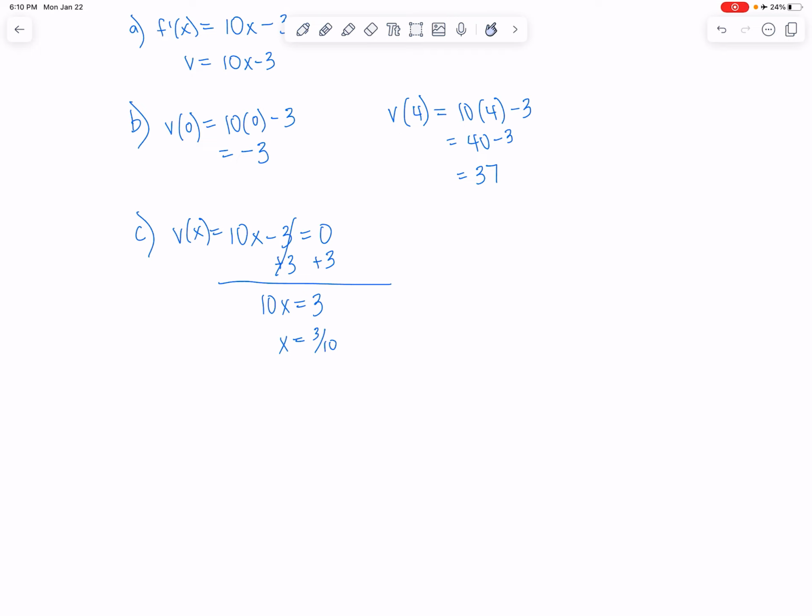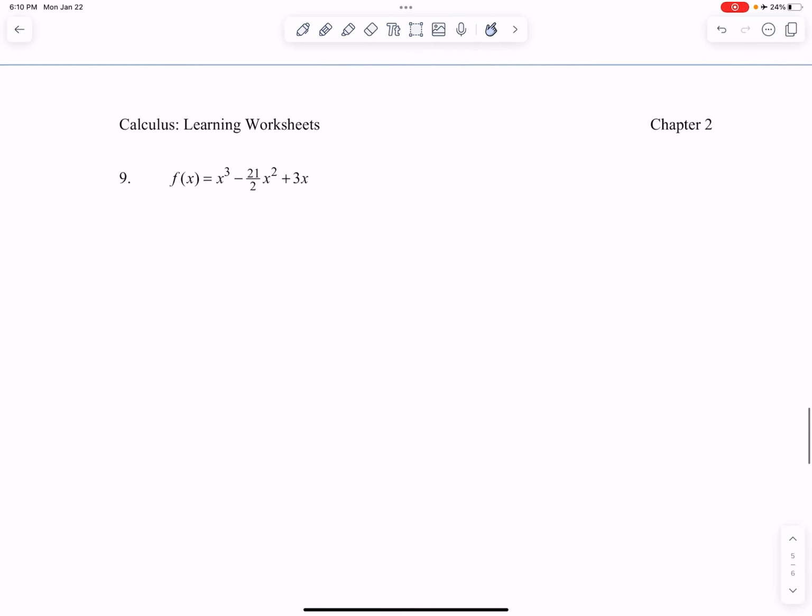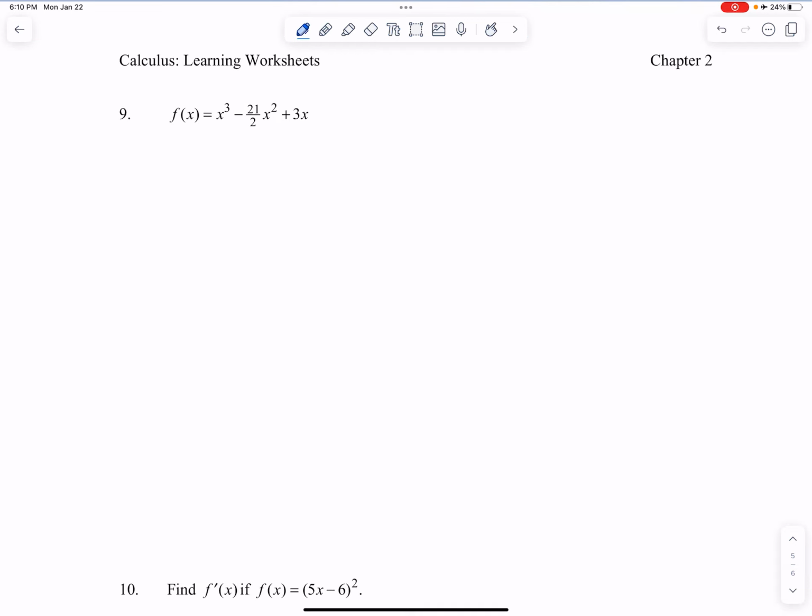All right, and they said there was a second one that we wanted, and we need to answer the same questions. So first we want f prime. So the derivative of x cubed is 3x, we subtract 1, it leaves us with a 2.